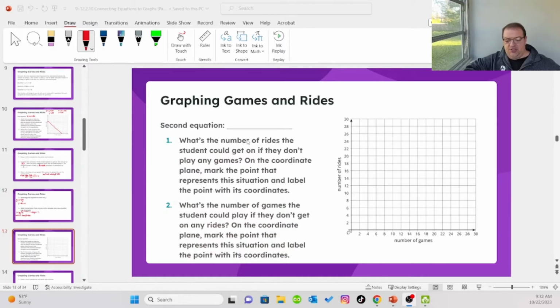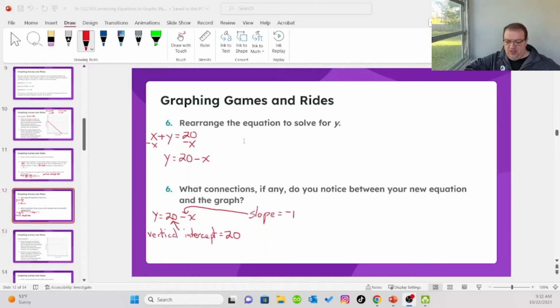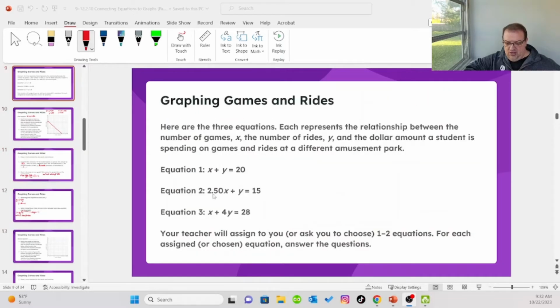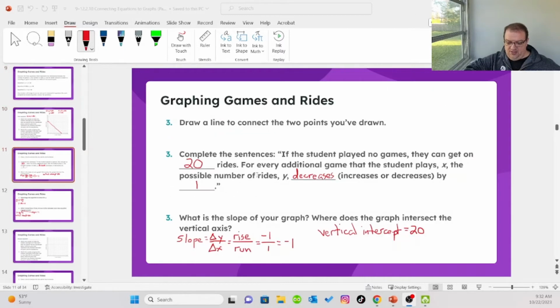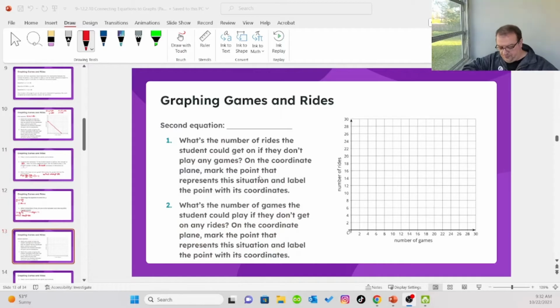So now they want us to do the same thing with a second equation. So if we go back, we can do this second equation here. 2.50x plus y equals 15. Number one, what's the number of rides the student could get on if they don't play any games?